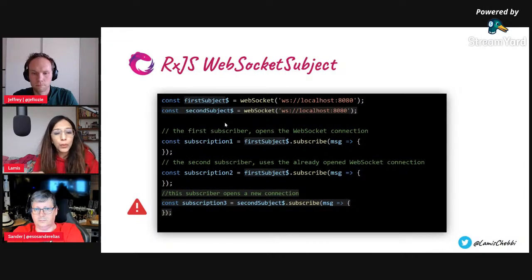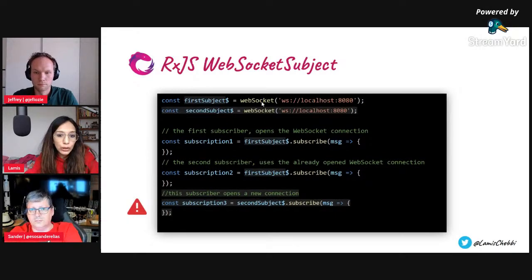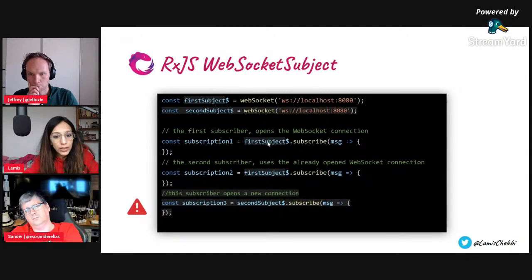I called them, on purpose, first and second, and here I have two instances of the WebSocket subject. I subscribe the first time with the first subject dollar. So the first subscriber will open the WebSocket connection.